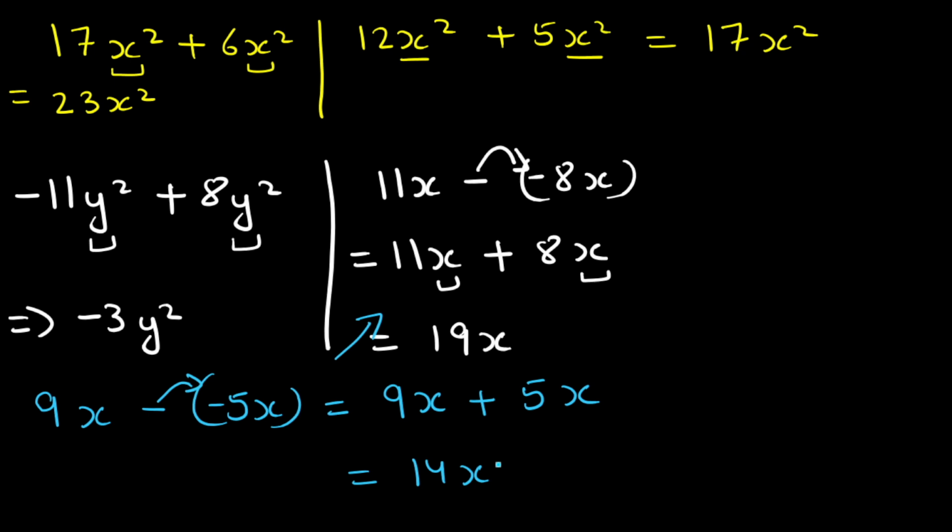And now let's take a look at more complex problems of polynomials with more than one like term. So we have a squared plus 4b squared minus 7a squared. As you can see, the a squared terms are the like terms, but we have nothing for b squared.